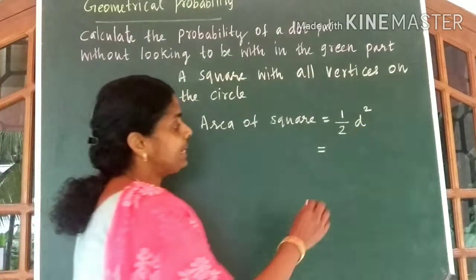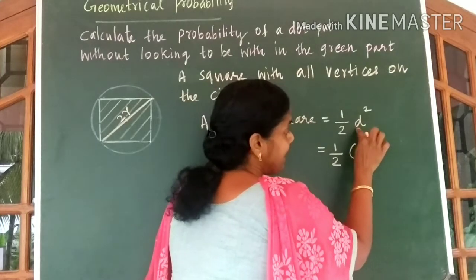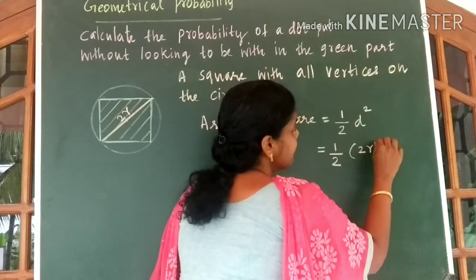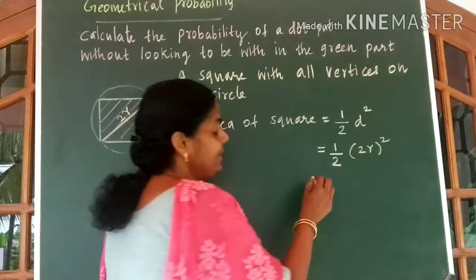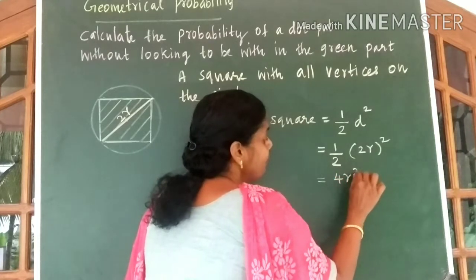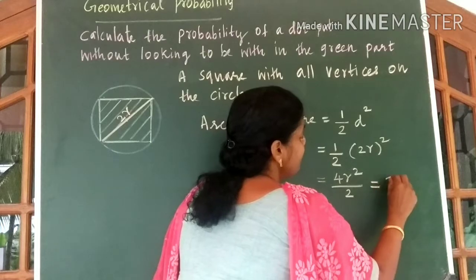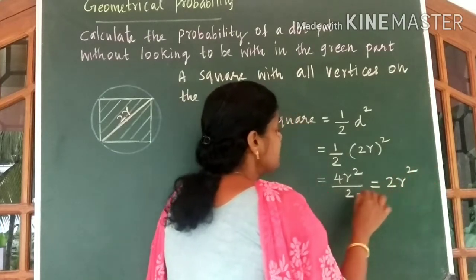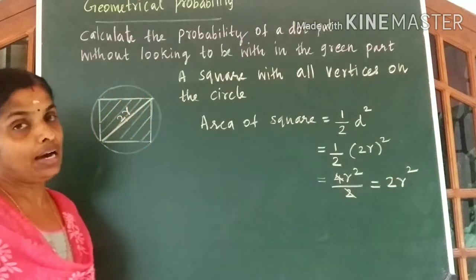So what do you get here? You get half into, instead of diagonal, I can write it as 2r the whole square. Is it clear, children? Next step, 2r the whole square gives you 4r square divided by this 2, which simplifies to 2r square. A 2 cancels with 4 and you get 2r square.